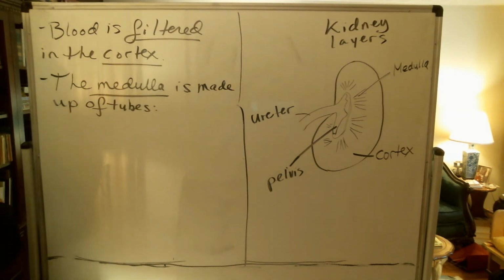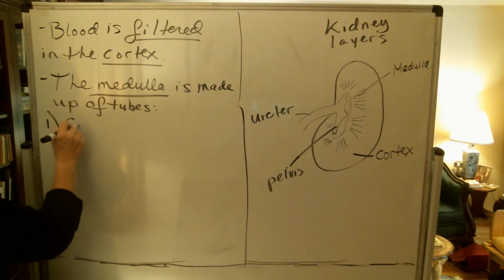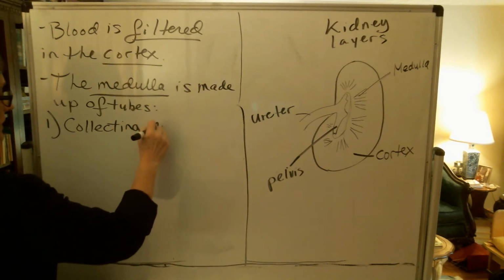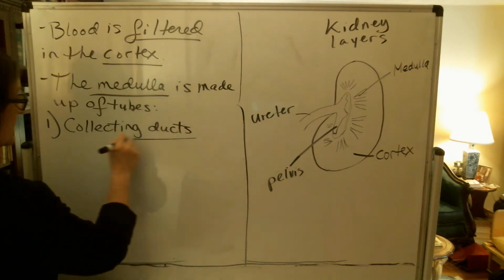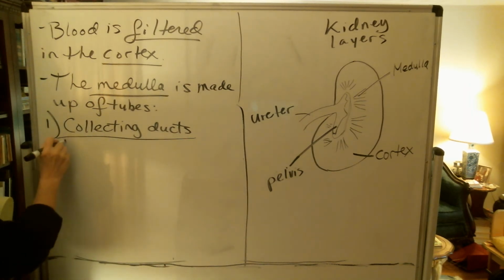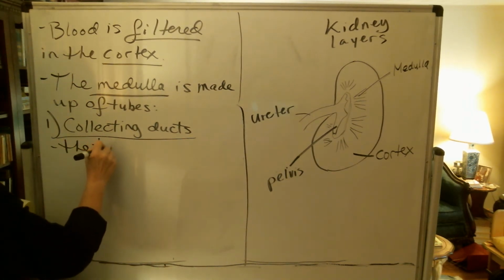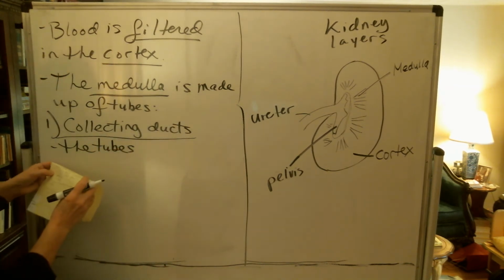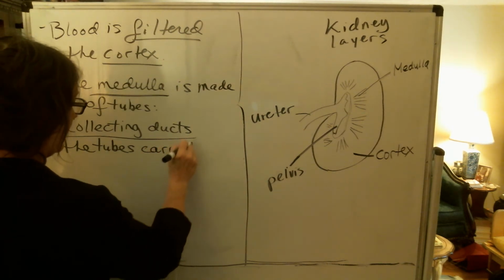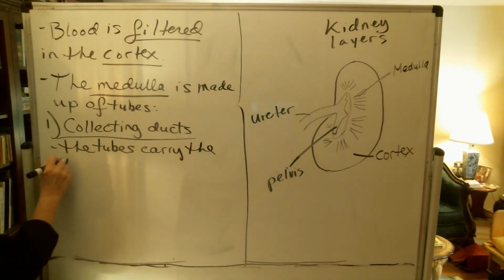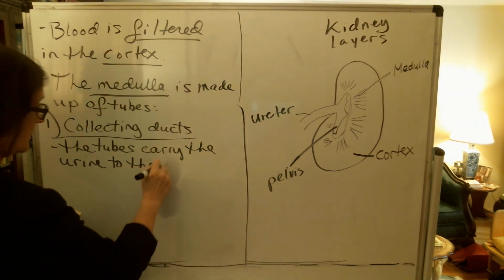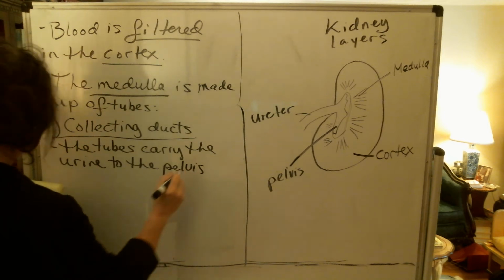And first are the collecting ducts. These are tubes. These tubes carry the urine to the renal pelvis.